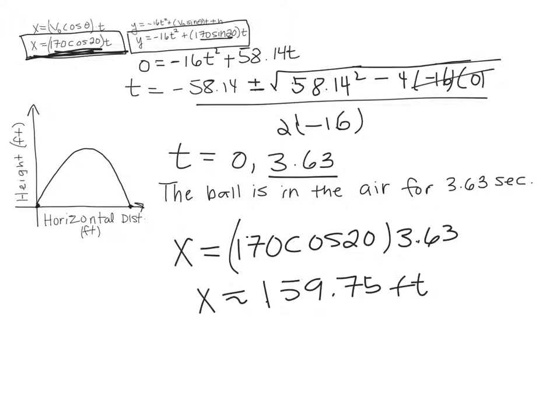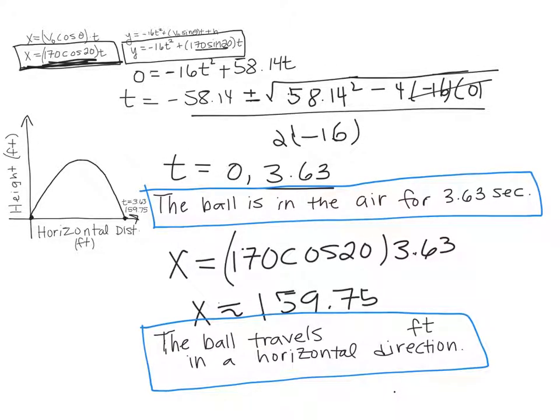So that's the total distance of the ball traveling horizontally. Oops, okay, that should be times 3.63. So the total distance traveled there is 579.7.